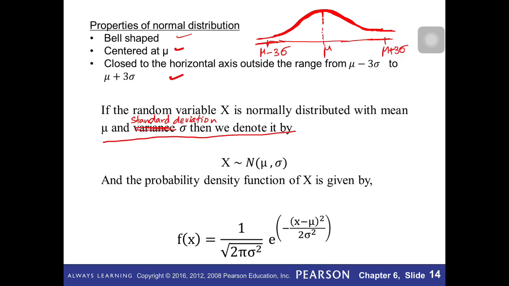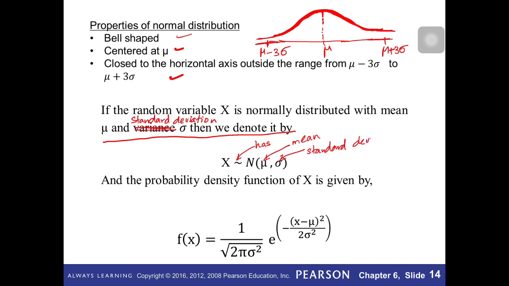We can denote this by: x has a normal distribution with mean mu and standard deviation sigma.